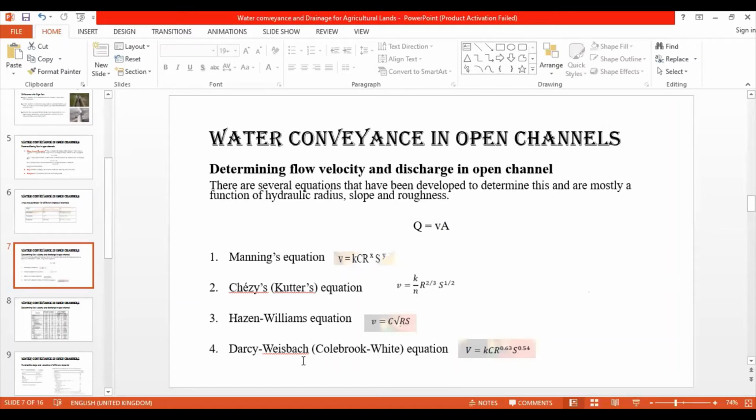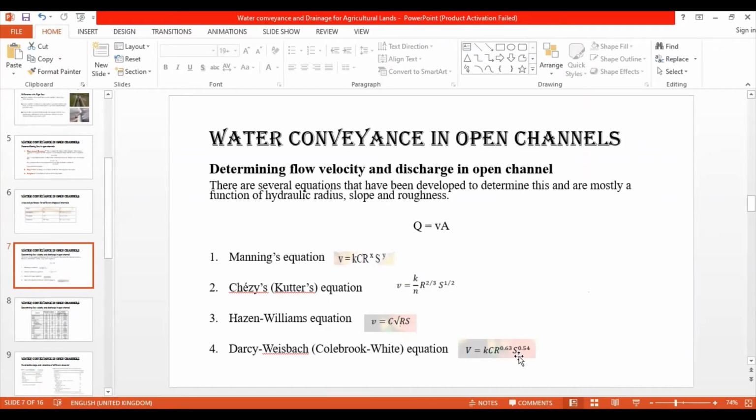Another one which is closely related to the Manning's equation is the Darcy-Weisbach equation. You can see that this and this are similar, only that now it has introduced these two powers on the R and on the S, but everything works the same.